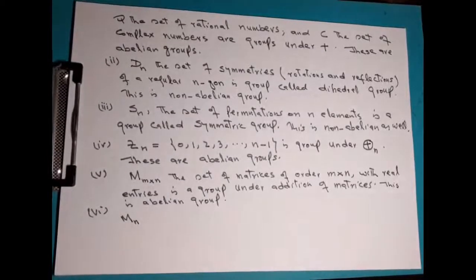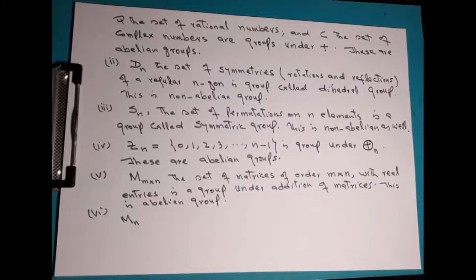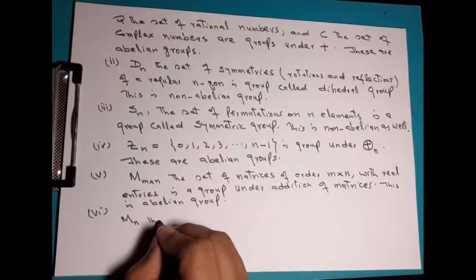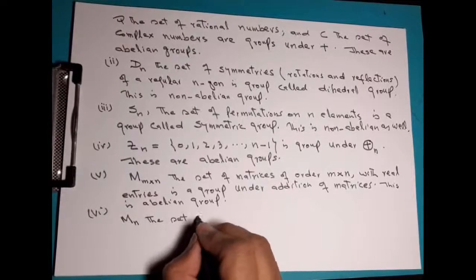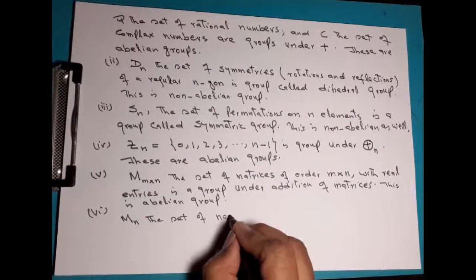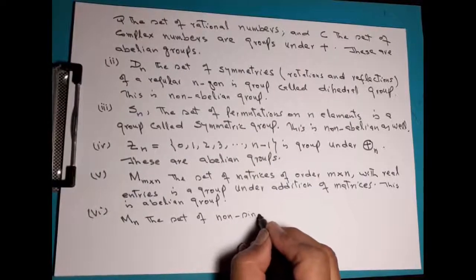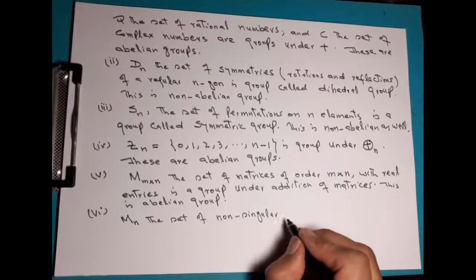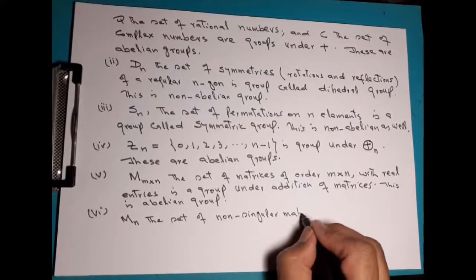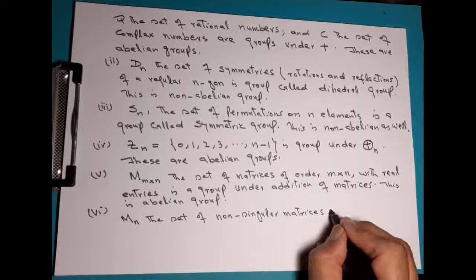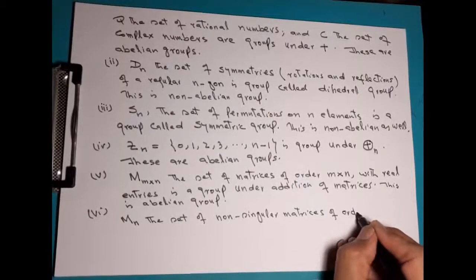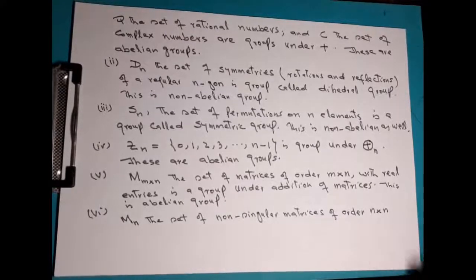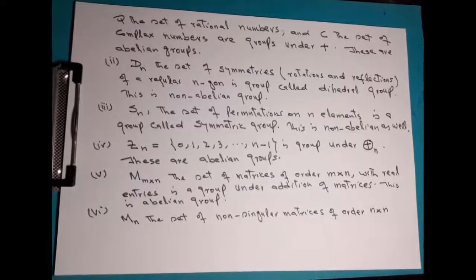Mn means the set of non-singular matrices of order n cross n, square matrices. It is very important to note that non-singular. So saying n by n means that these matrices are square matrices. Anyway, when we talk about non-singular matrix, it is always a square matrix.